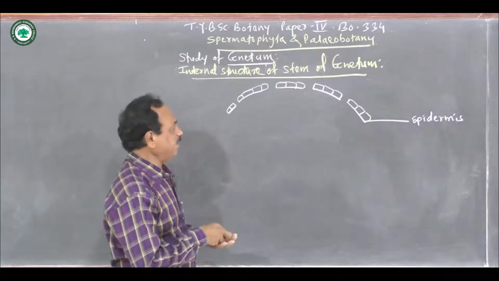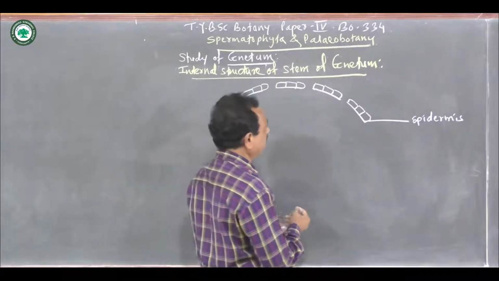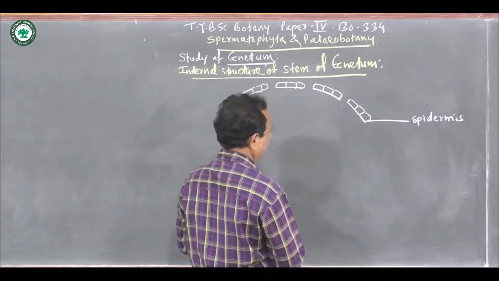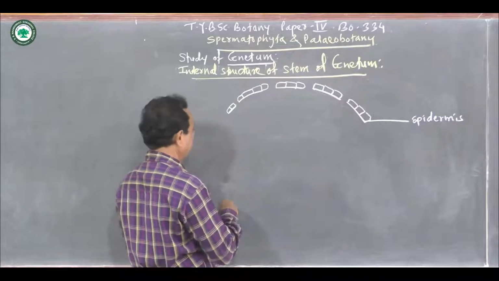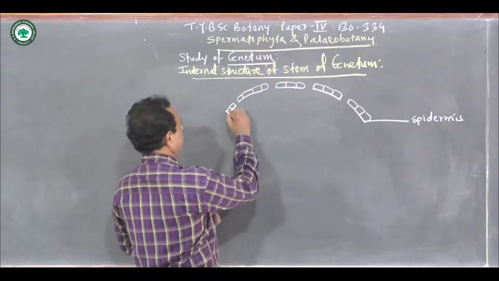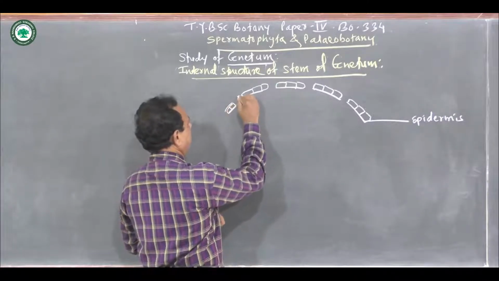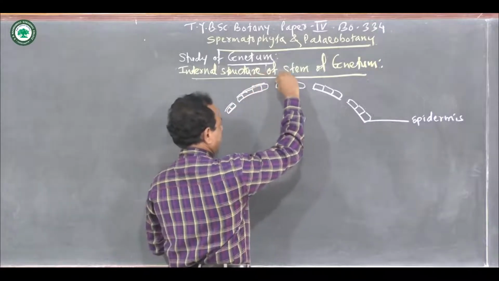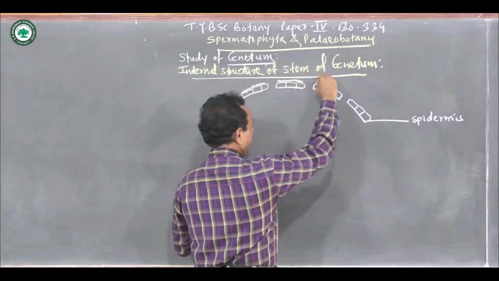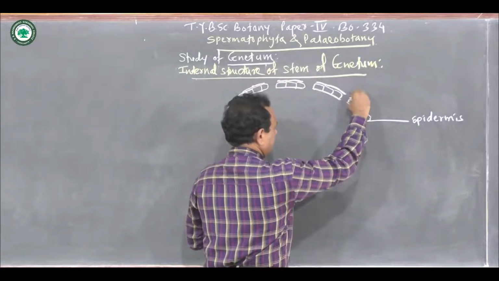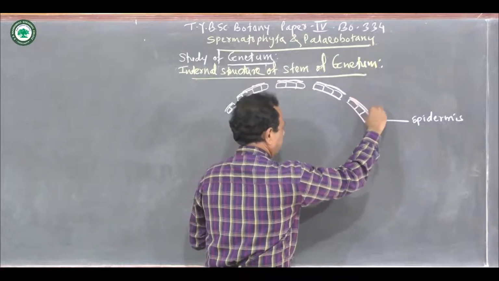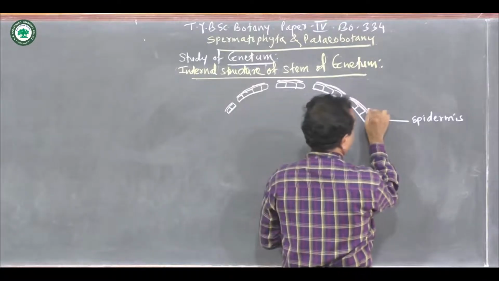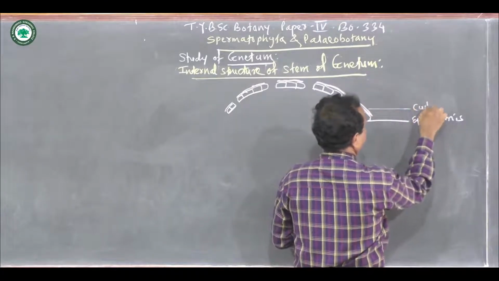It gets interrupted by the presence of stomata. Sunken stomata are present on the epidermis, and it is covered by a thick layer of cuticle. This cuticle is nothing but a cutin substance, which gets deposited on the outer wall of the epidermis.